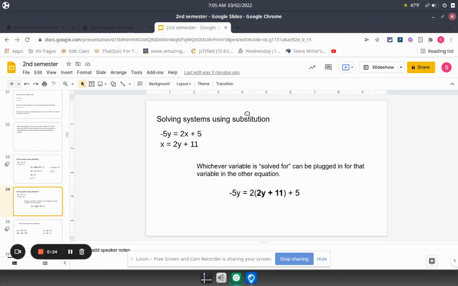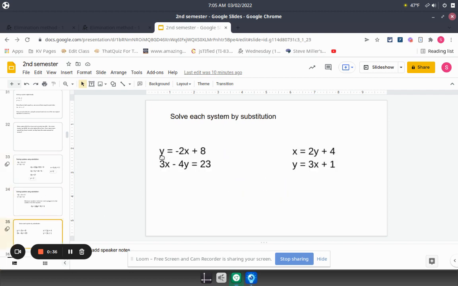And the thing about substitution is that it's good whenever you have one of the variables already by itself, whether it's x equals or y equals. And what we did there was we would take the negative 2x plus 8 and substitute it in for y, so that we could solve for x.